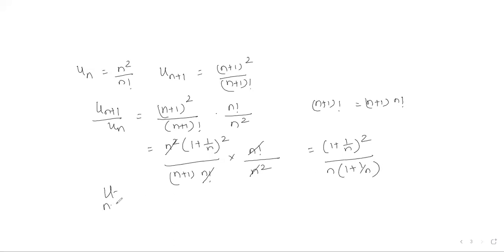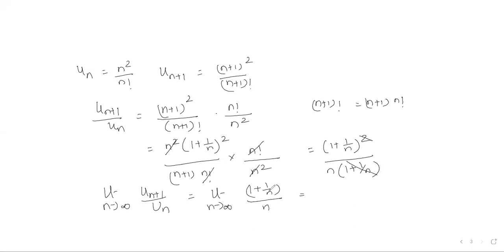Now I can find out the limit n tends to infinity of un plus 1 by un. So 1 plus 1 by n the whole square, one term I can cancel. Therefore, this is equal to limit n tends to infinity of 1 plus 1 by n, then divided by n.